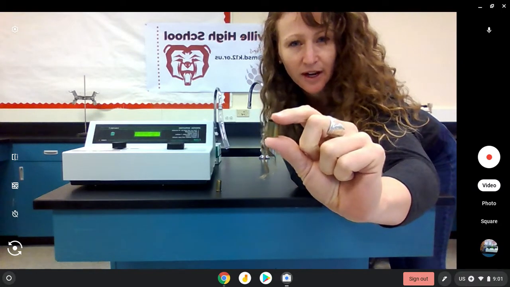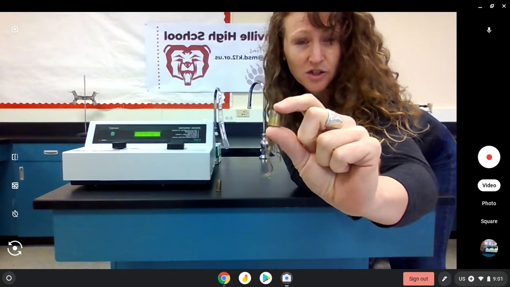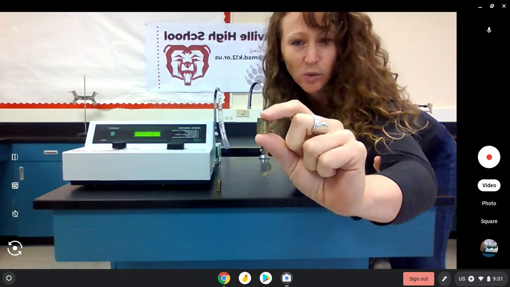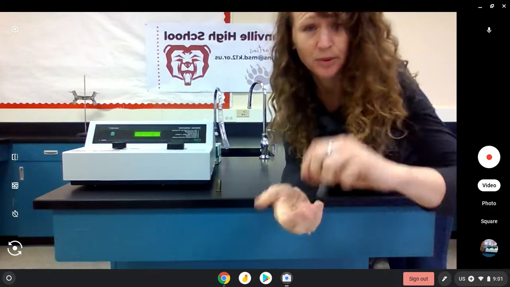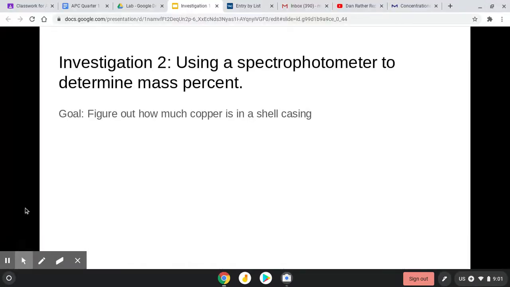And what we want to figure out is what percentage of copper is in our mixture. So what is the mass percent of copper in our little sample? And we're going to use our spectrophotometer to do this.